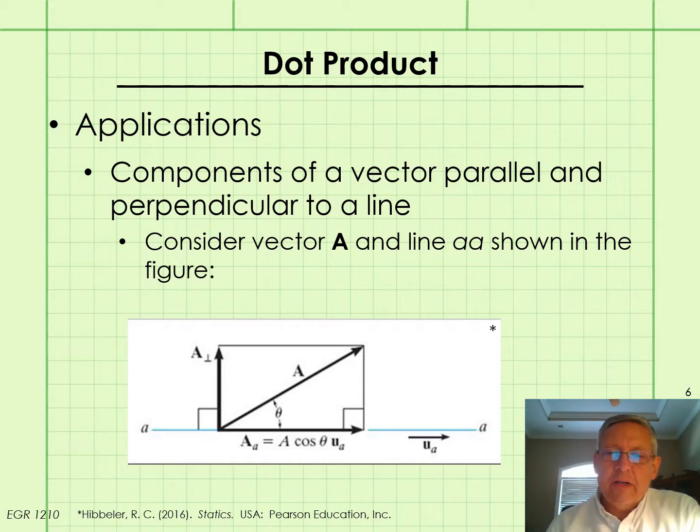So let's consider vector A in the figure here and line aa. And I think we can see that the magnitude of the component of A along the line aa is going to be equal to A cos theta, nothing new there. And the vector A sub a would be the magnitude of that component along the line times a unit vector in the direction of the line.